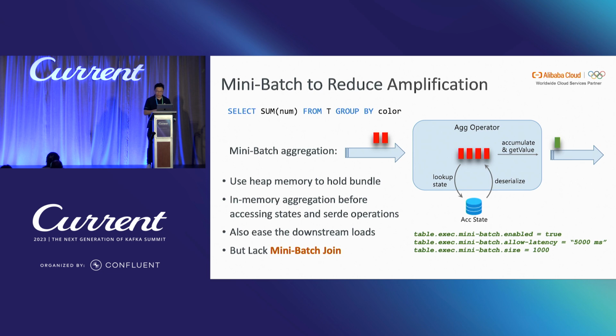And there is only 1 state access per key for many buffered records, so the state access cost will be reduced too. Mini-batch has better performance. So if your scenario allows, mini-batch should always be turned on.